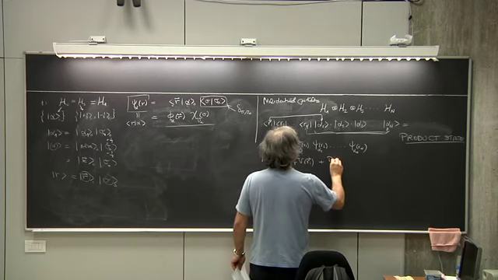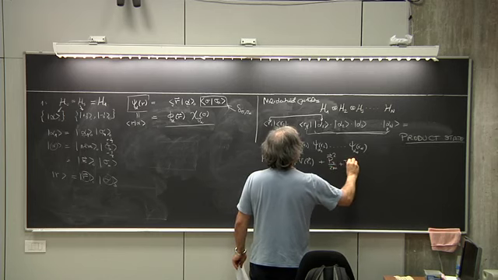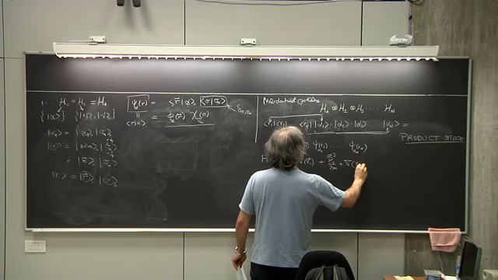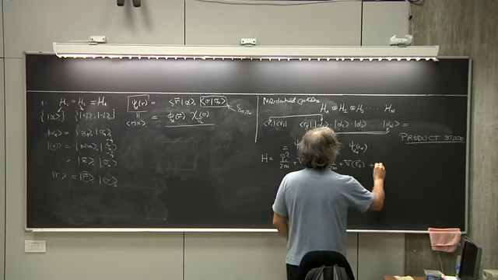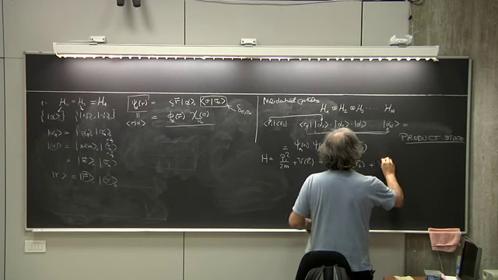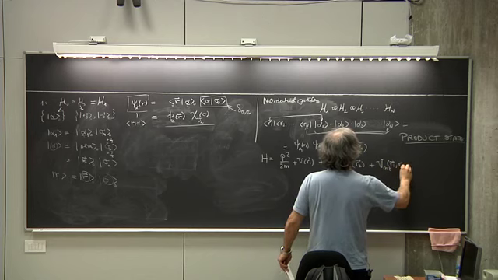Then I should have P2 squared over 2m plus a certain potential, plus some interaction, V interaction of R1, R2.